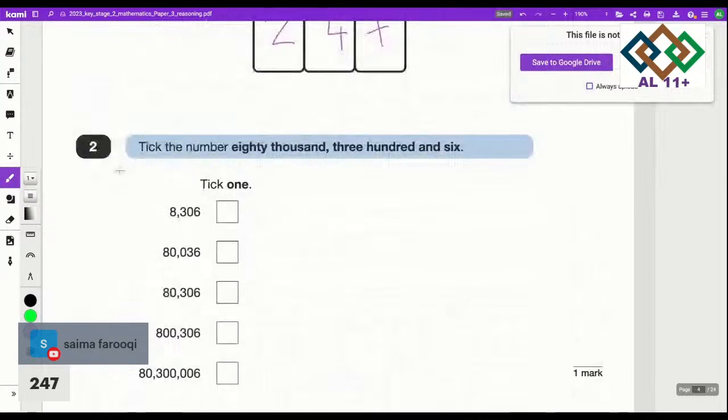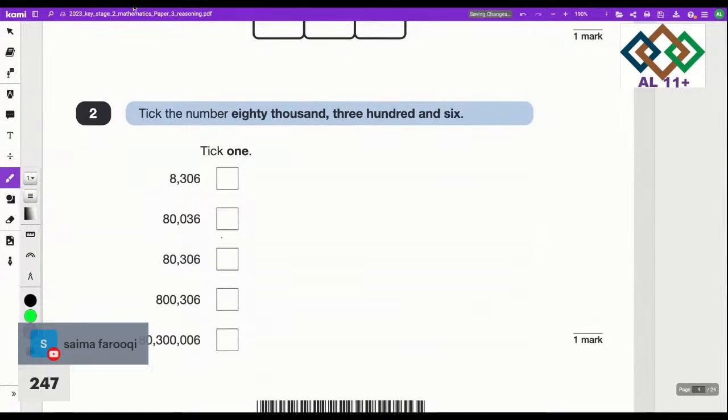Now they are telling you to tick the number which is 80,306. Which one do you think it is from all of them? The first, second, third, fourth. Keep writing your answers. What do you think is the number which is 80,306?